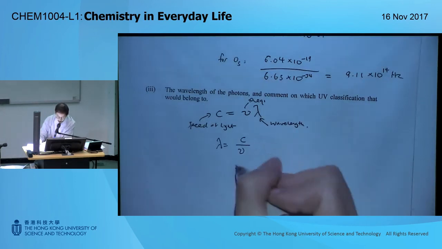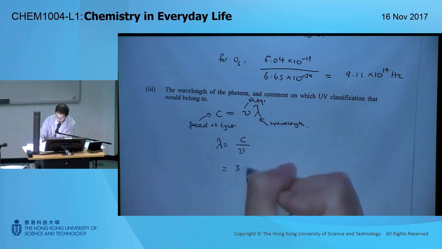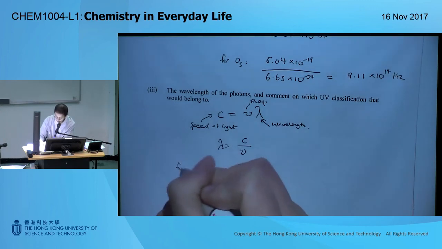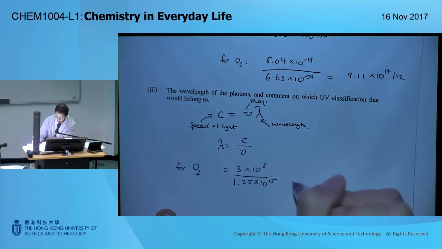In this case, the wavelength will be 3 times 10 to the 8 divided by 1.25 times 10 to the 15 for O2, which is 2.4 times 10 to the minus 7 meters.